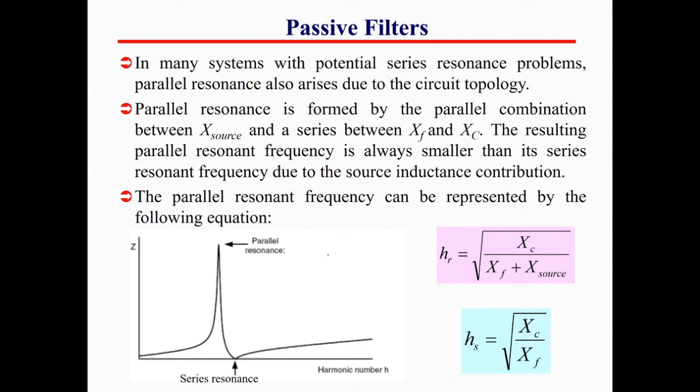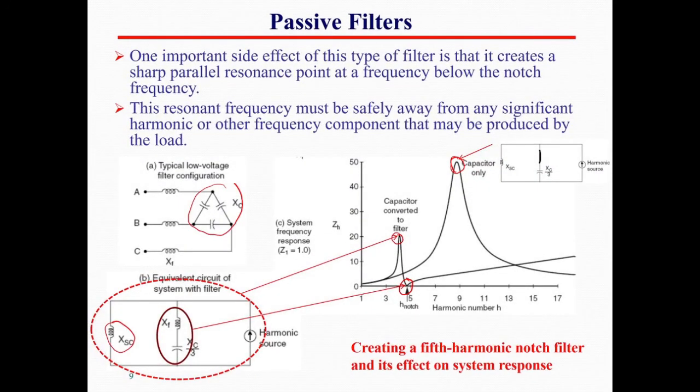Again, in this circuit, if we like to find H, the harmonic order, we know that the definition of H is the square root of XC divided by XF. But for the parallel resonance, we now have another component, which is XS.